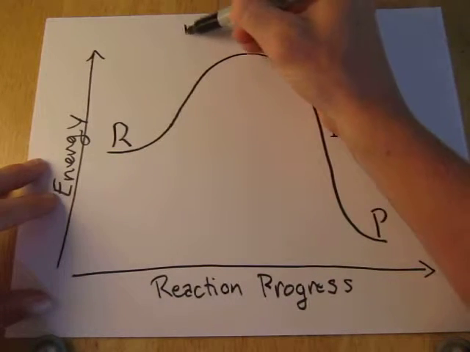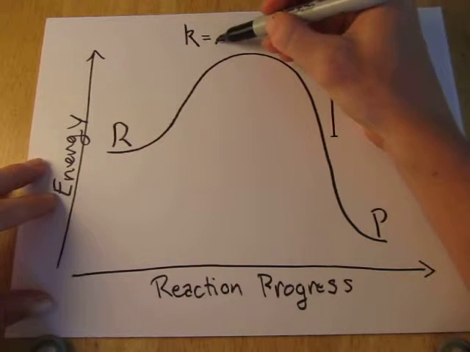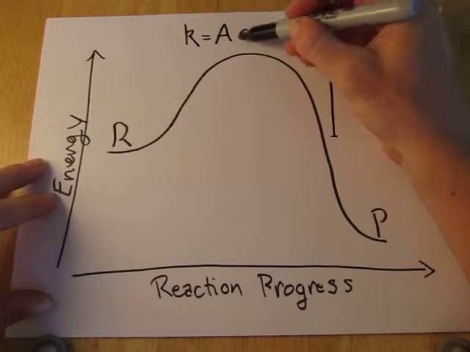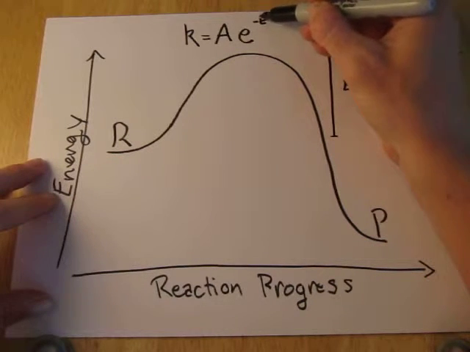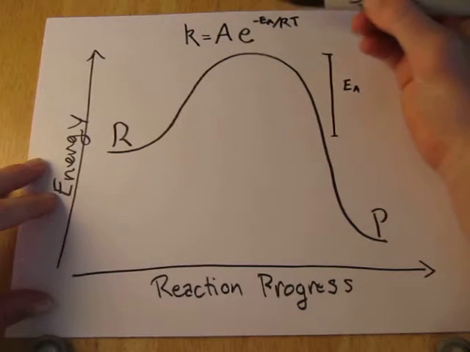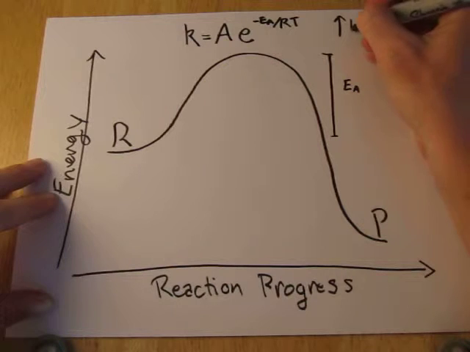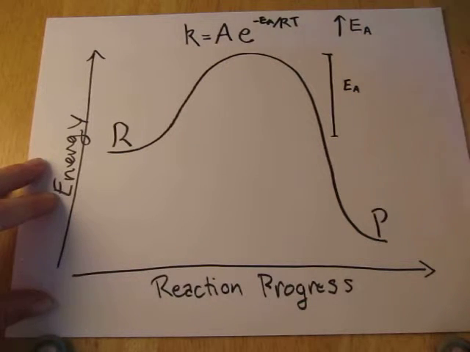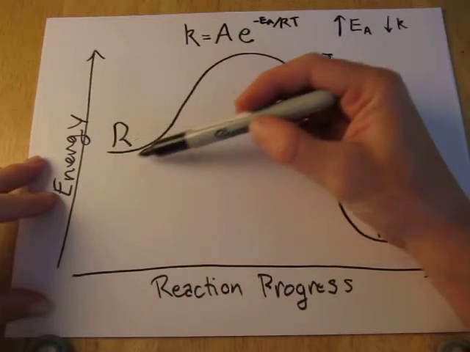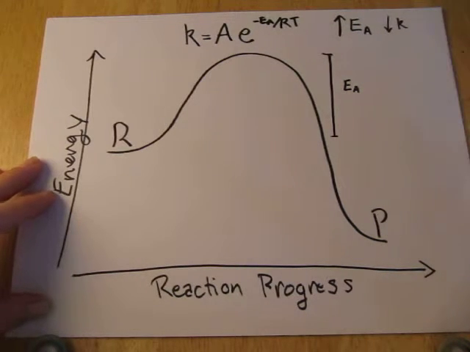And we know that the rate constant is equal to a constant times e to the negative EA over RT. What this tells us is that as energy of activation increases, our rate will decrease, because it's hard to get up and over the hill, so it takes more time the bigger the hill.